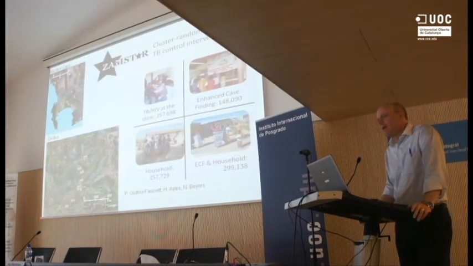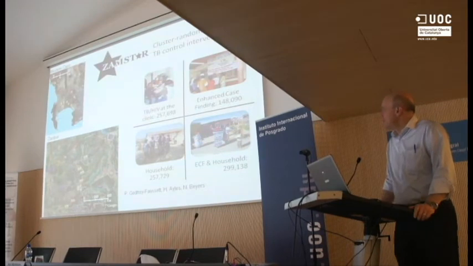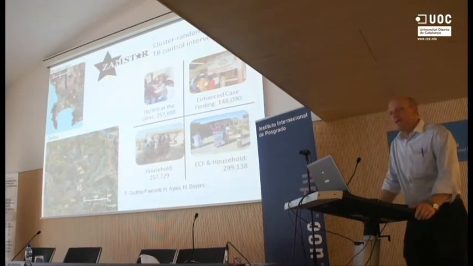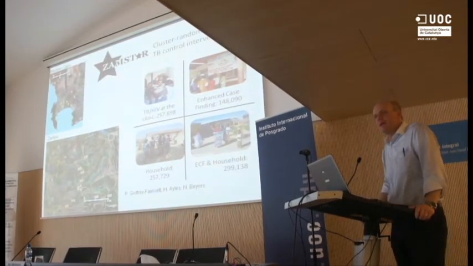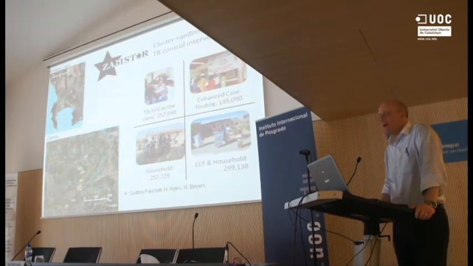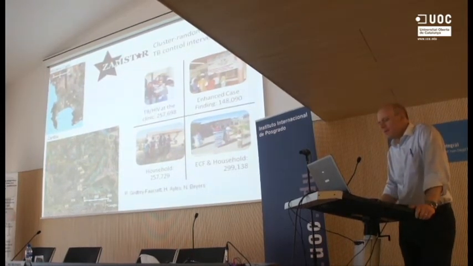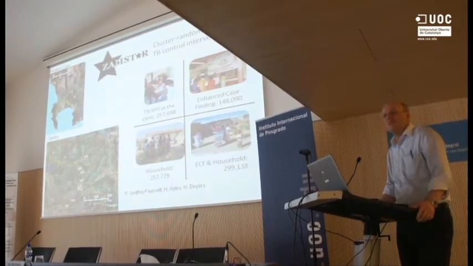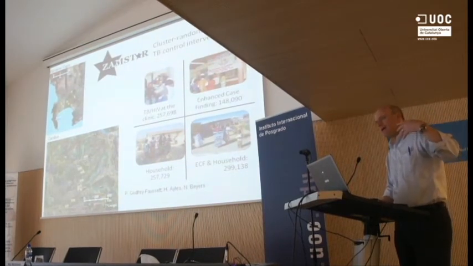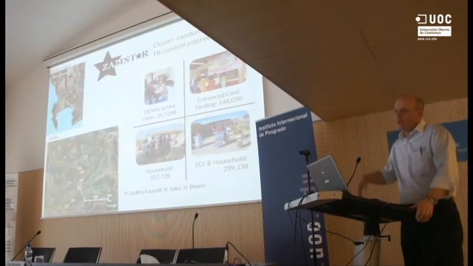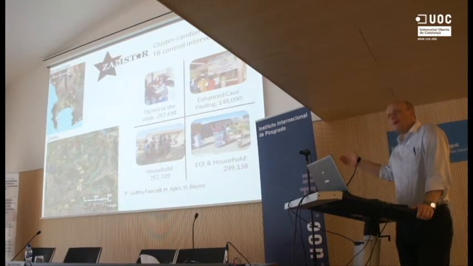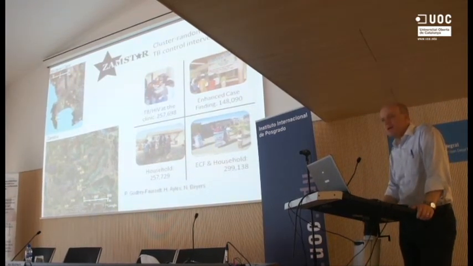And this has been recently shown in this massive study funded by the Bill and Melinda Gates Foundation, done in Zambia and South Africa, where communities were randomized to receive either this active case finding in the households, or upgrading of the clinic case finding, or community case finding.